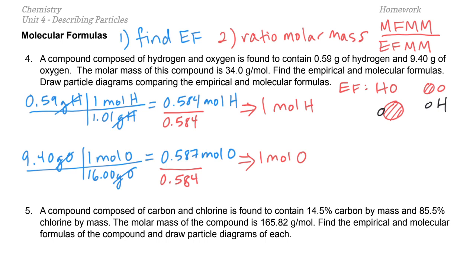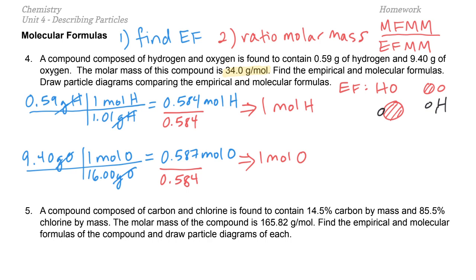And now we get to the new part, which is how to find the molecular formula. So we need to know the ratio of the molar masses. Now, in the problem, we were given the molar mass of the compound, which is 34 grams per mole. Now, we need to see basically what multiple of the empirical formula is the compound.